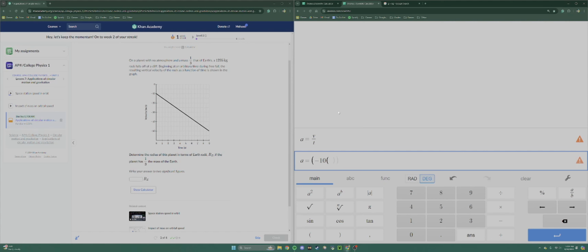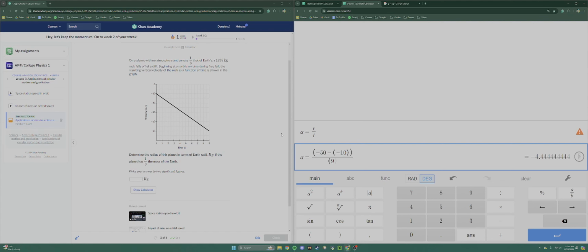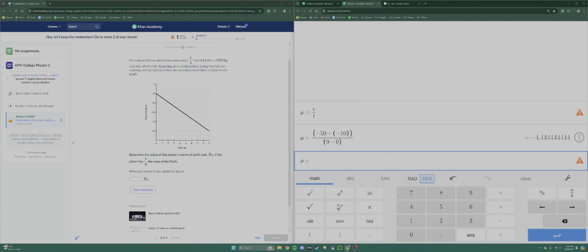To get our change in velocity, we go from negative 50 minus negative 10. We divide that by the change in time, 9 seconds minus 0 seconds. So our acceleration is equal to negative 4.4.